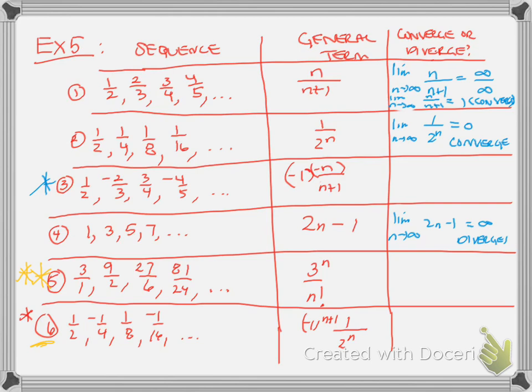I can't remember. All right, so the limit as n goes to infinity of -1 times -n over n plus 1, right? Well, again, this is going to infinity over infinity.